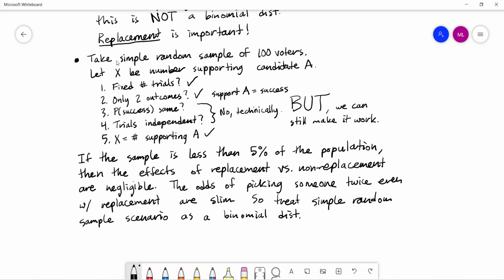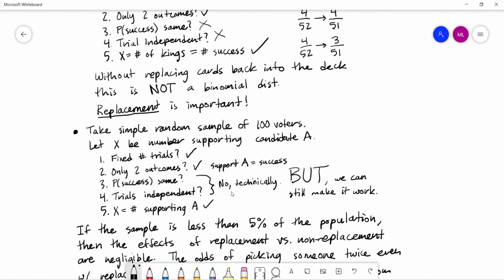If we have questions related to medicine and biology and economics and politics, these are the types of questions that we're going to be interested in. These are the types of surveys that we'll be conducting. And it would be really nice if we had some rigorous mathematics, a rigorous formula that we could use to get some idea about probabilities related to scenarios like this. And as long as we make this assumption, we're going to be able to use that binomial distribution formula.